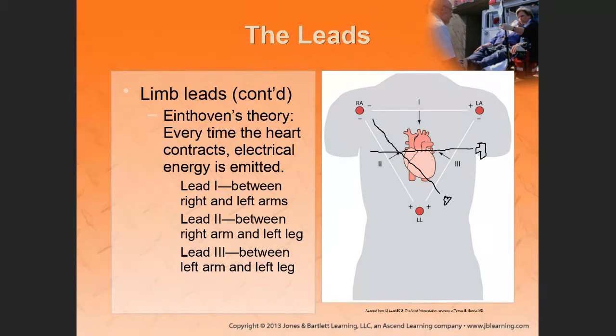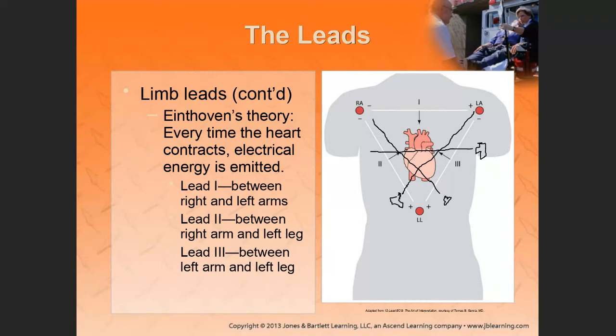Now, lead 3 is the left shoulder or left arm to the left leg or left abdomen. So picture the current moving this way, right? So your camera would be here.